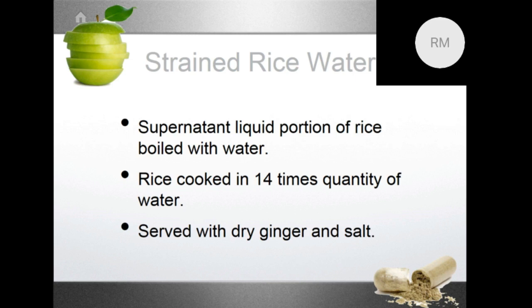It's cooked in 14 times the quantity of water, and only the supernatant liquid portion is removed. The rice itself is not taken. This supernatant portion is served with dry ginger and salt. This is said to be extremely stimulant for digestion. It's a very strong digestive stimulant.